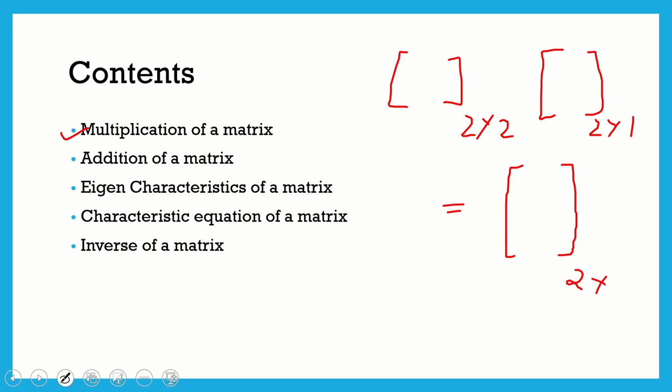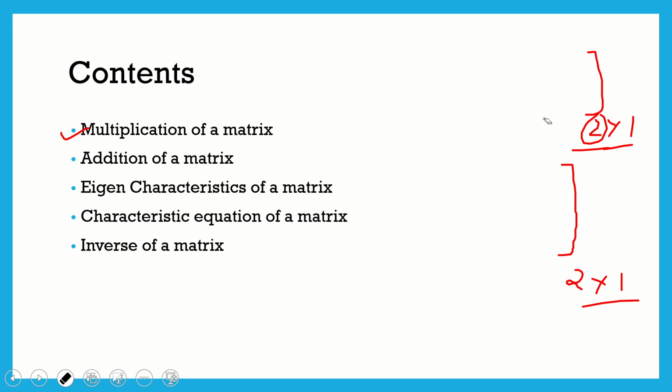It will be a 2 by 1 matrix, because the 2 and 2 on both sides are the same, so they are omitted and the remaining ones join, giving a 2 by 1 matrix. This is the concept of multiplication of matrices.